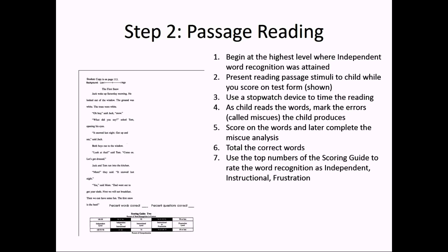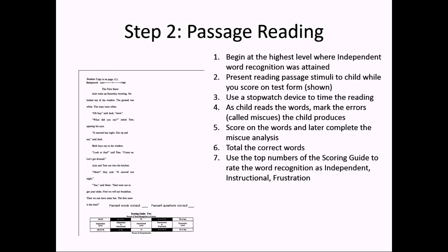If the child read very fluently but made 4 mistakes and got a 96, you might choose to rate that as independent reading. So the child was just reading very fluently and made some small errors. On the other hand, if the child was really struggling to read the passage and got a 96, then you would rate that 96 as instructional level. So there's judgment call that you can use when you're using a reading inventory.